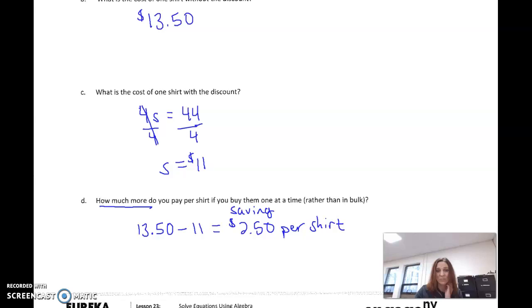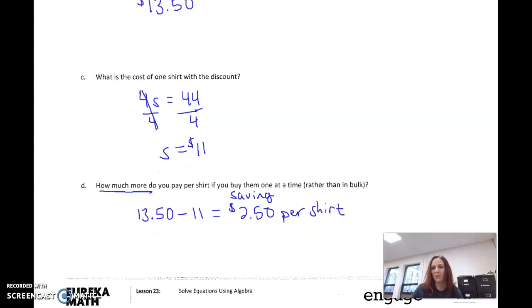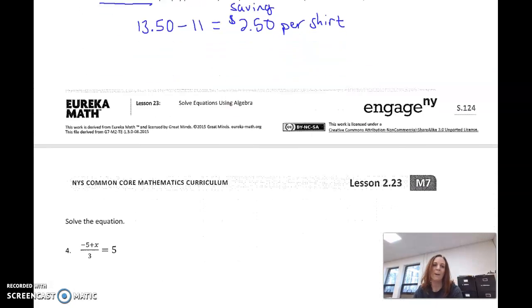Or he's paying more, I guess. He could be paying $2.50 more per shirt. However you want to look at it. So again, being able to solve equations, guys, it's not necessarily a math thing. You might have thought through this stuff in your head, and it's about the same thing we're doing, trying to figure out an unknown number.